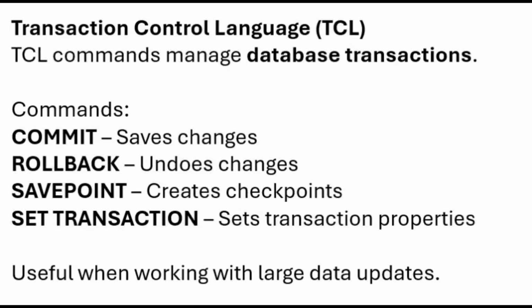And the last command is TCL, transaction control language. It is mainly used to manage the transactions. Here the commands include commit, which is used to save changes, rollback to undo the changes, and next one is savepoint. It sets a point in a transaction. It is useful when working with large data updates.